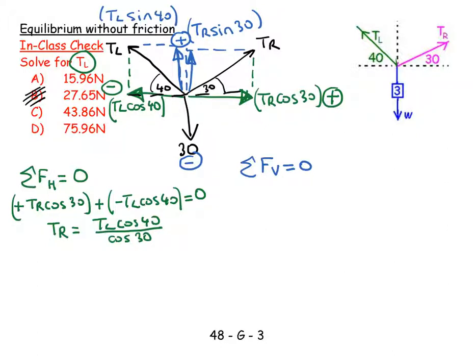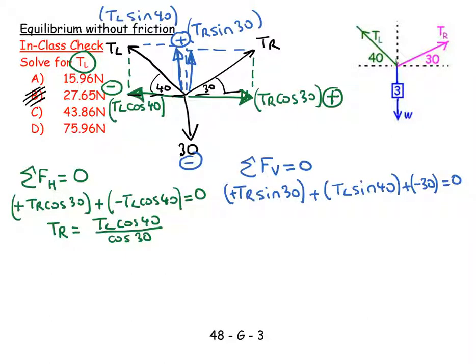I say, well, the sum of the forces vertically, T right sine 30, that's going to be a positive, added to, because it's a summation, T left sine 40, added to, because it's a summation, minus 30, negative because it points downwards, is equal to 0.